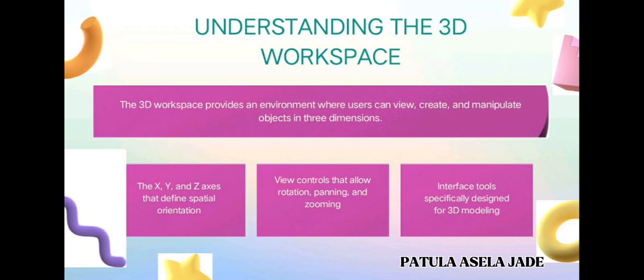In 3D modeling, it means to design and build a 3D object. Manipulate: to handle or control something. In 3D, it means to move, rotate, scale, or otherwise modify the object. Dimension: a measurable extent of something such as length, breadth, and depth or height.